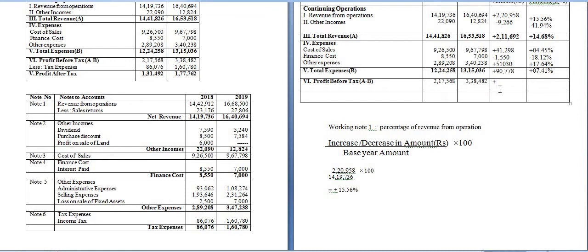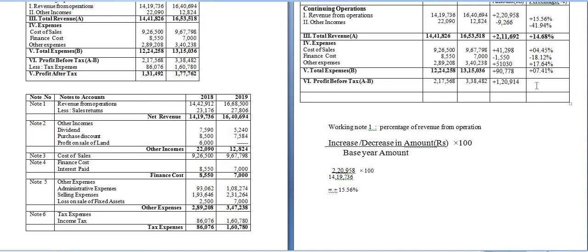How much increase? 2,17,568 minus 3,38,482, which is equal to how much? 1,20,914. So write here 1,20,914.